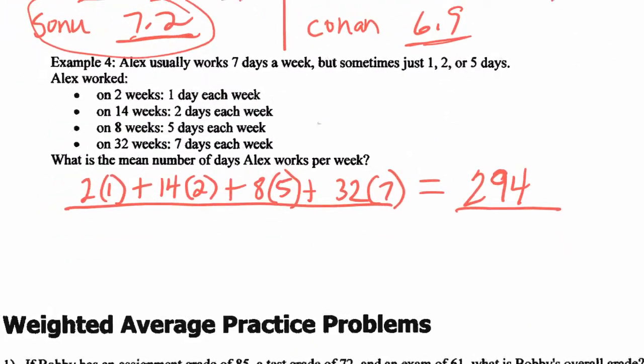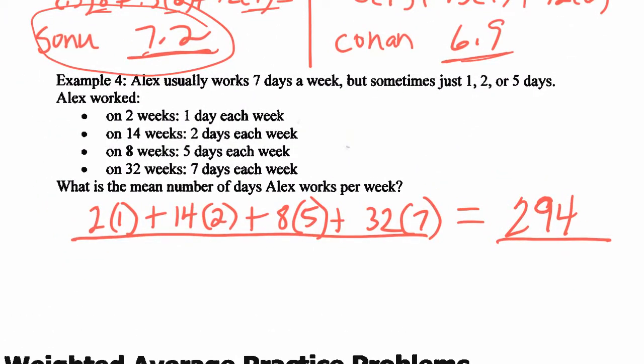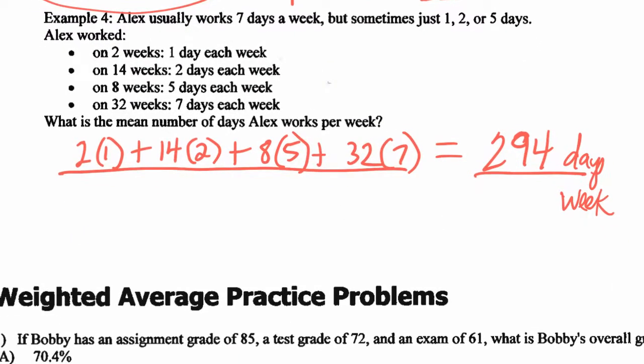Now, when we take a look at this problem, we've got to find the average number of days per week. So if we're thinking days per week, that also helps us know what we've got to do. I totaled up the days. 2 weeks he worked 1 day, 14 weeks 2 days, and so on and so forth. So he worked a total of 294 days over that time period.